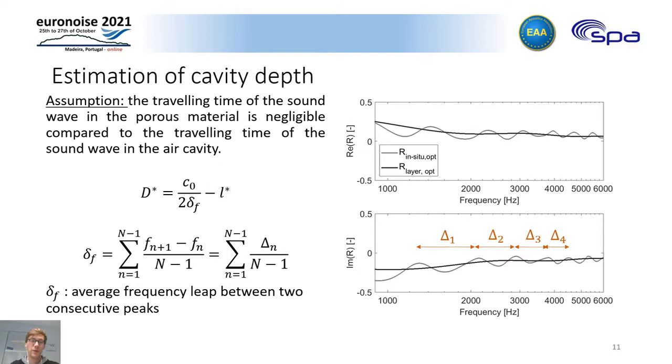However, once we have performed the model fitting and retrieved the flow resistivity and thickness, we could still potentially be missing the air cavity depth, which is not a parameter that is retrieved by the former model fitting.